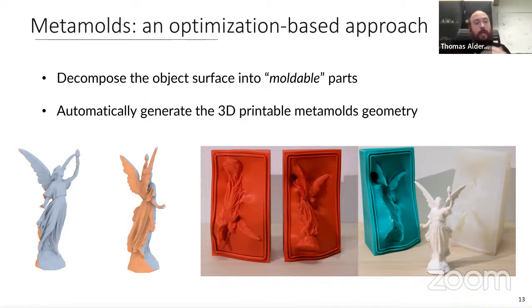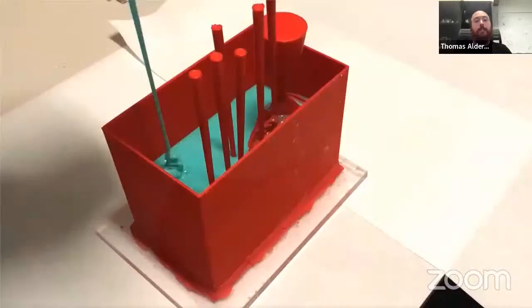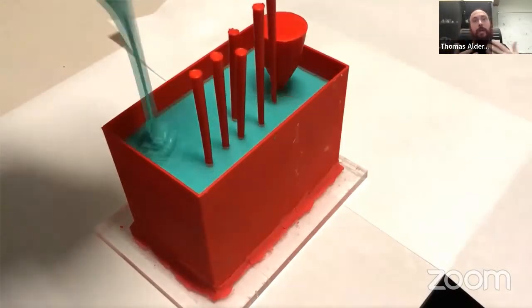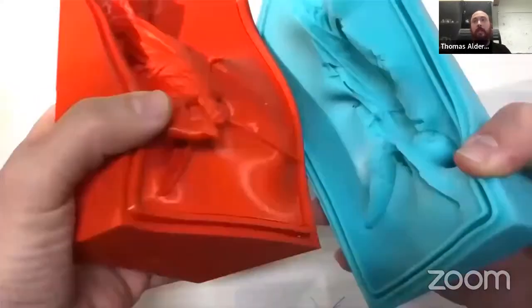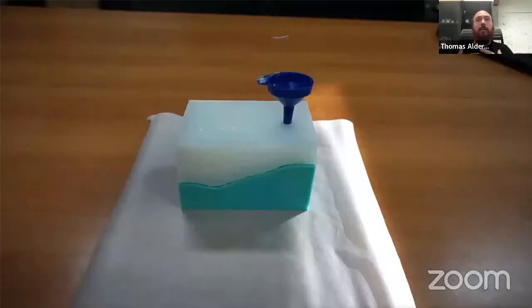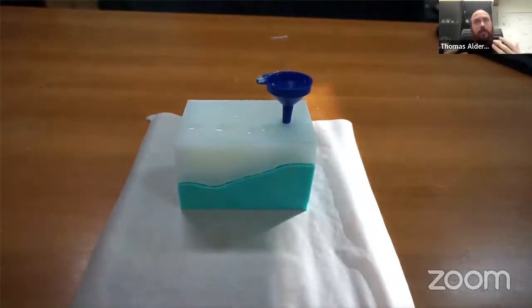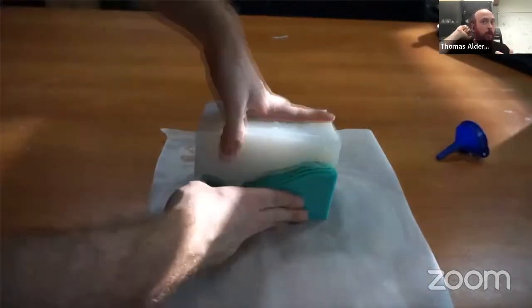The algorithm would then use this decomposition to automatically create a set of MetaMolds, these red things that you can see here, that are objects that you can 3D print and that embed all the geometric details of your silicon mold pieces. A MetaMold is used like this. You 3D print it, and then you can pour some liquid silicon onto it to create your silicon mold pieces that can be then assembled together and used to cast some liquid material like resin or gypsum and replicate your shapes.